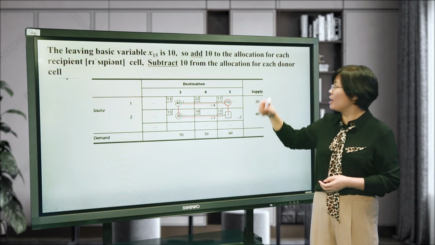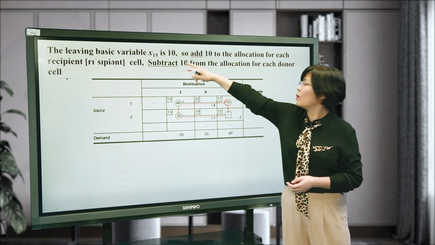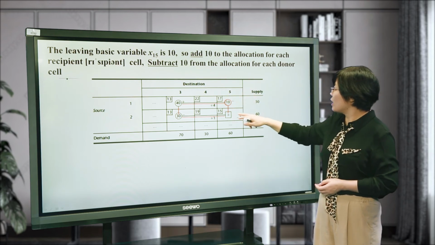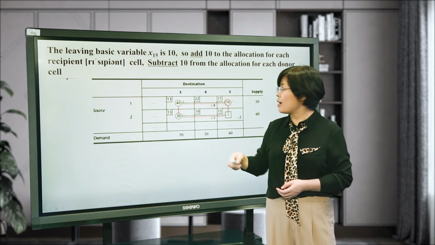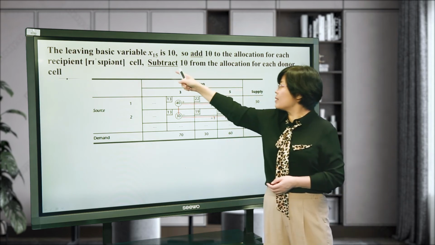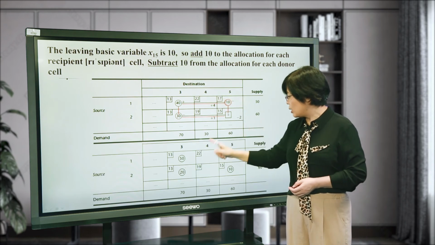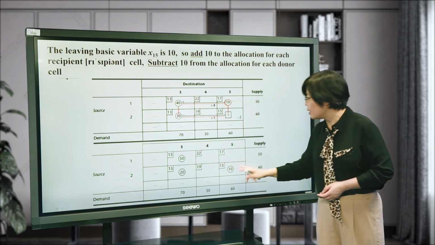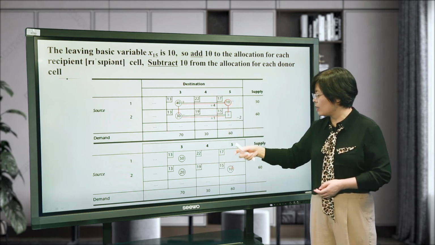The leaving basic variable x15 is 10, so add 10 to the allocation for each receptor cell and subtract 10 from the allocation for each donor cell, and we get this matrix. The 10 is transferred here.